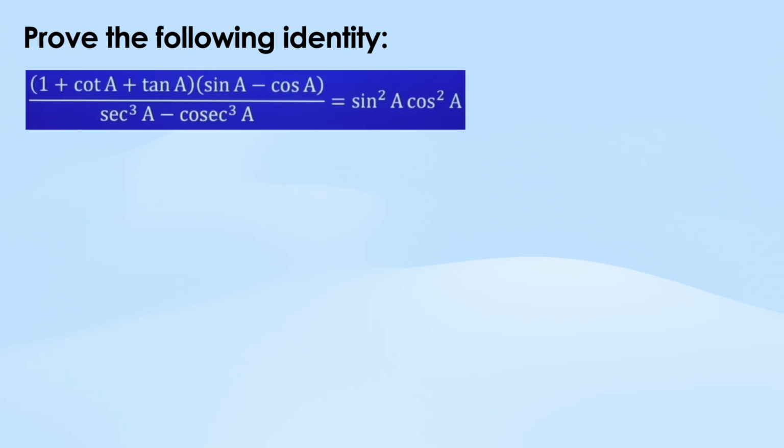See this question. What we have to do here is, we have cot, tan, sec, cosec, and we want the answer in sine and cos only. So on taking the LHS, from this question it is clear that everything we want in terms of sine and cos. So let's convert everything in terms of sine and cos.